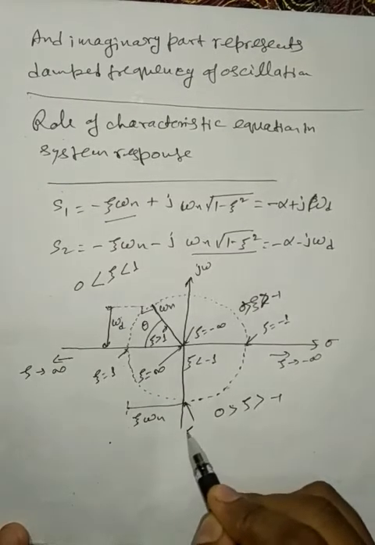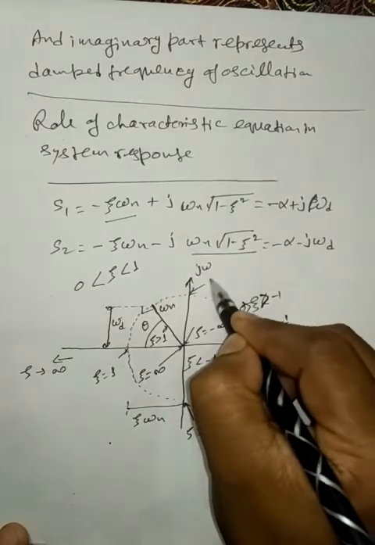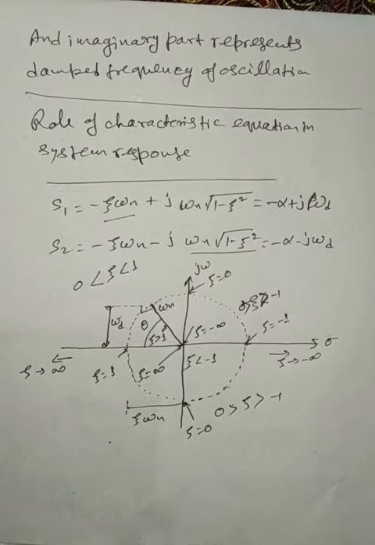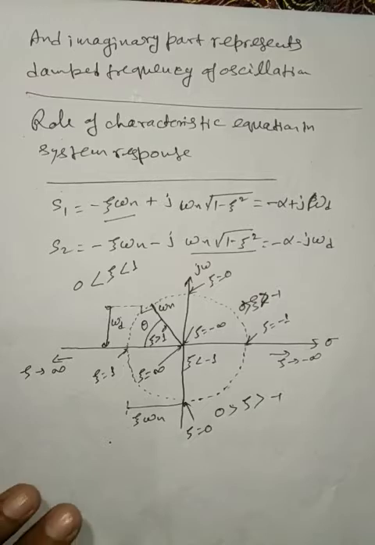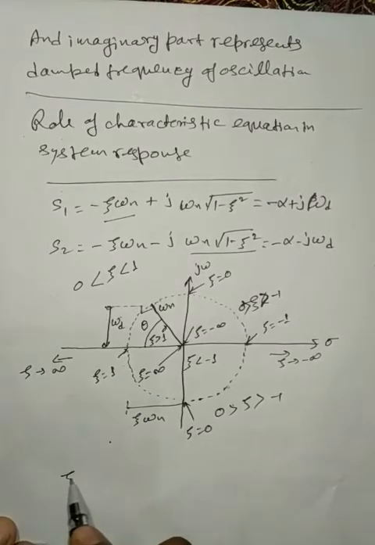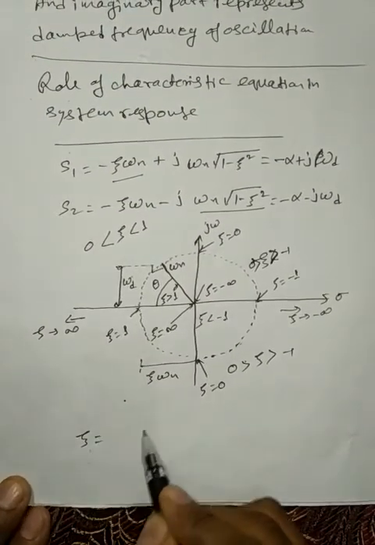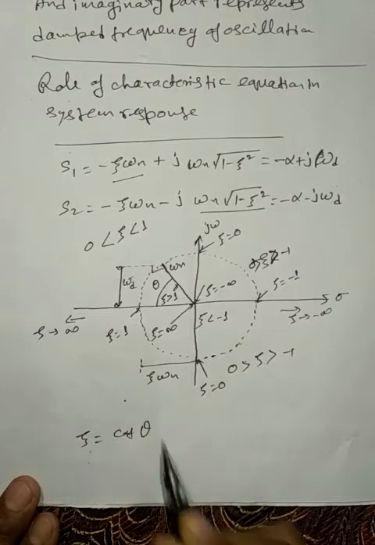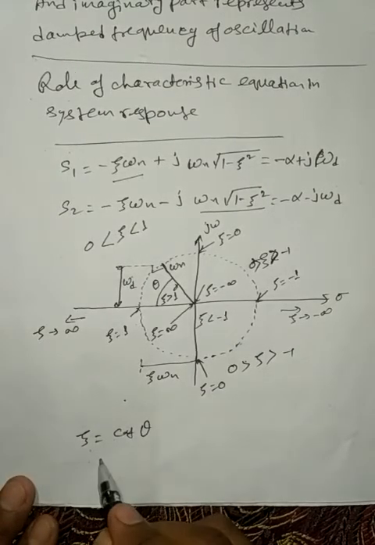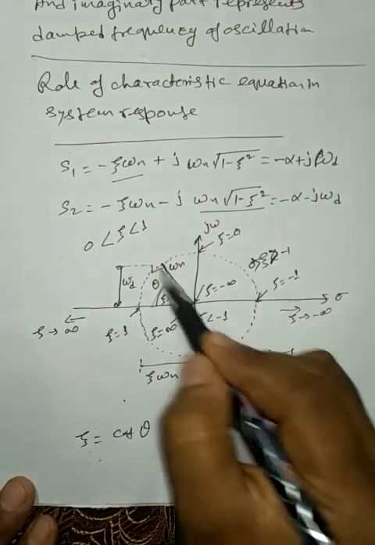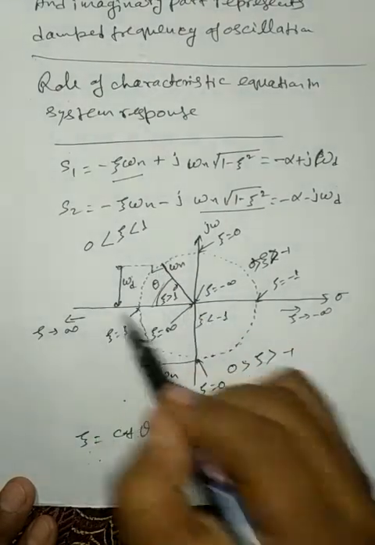Here I have zeta 0, here I have zeta 0, right? So zeta, I consider zeta is equal to cos theta, where theta is the angle between the radial line of the roots and the negative axis.